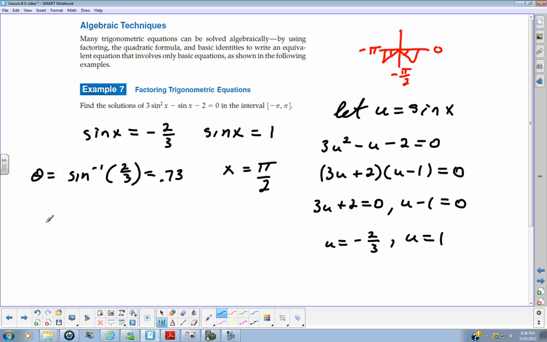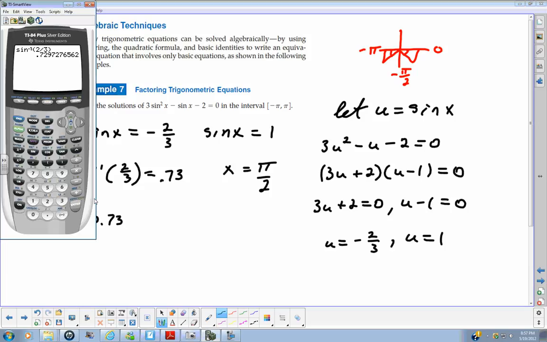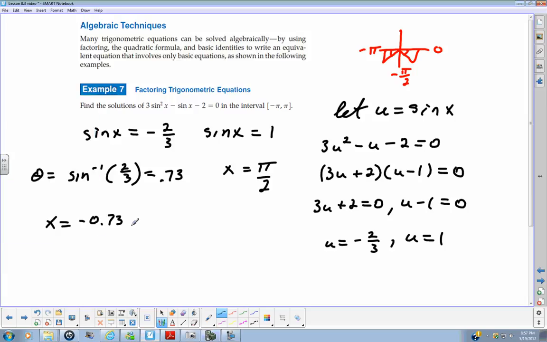So our answers are going to be x equals negative 0.73, and then pi minus 0.73, which is negative 2.41. So we get x equals negative 0.73, negative 2.41, and pi over 2.